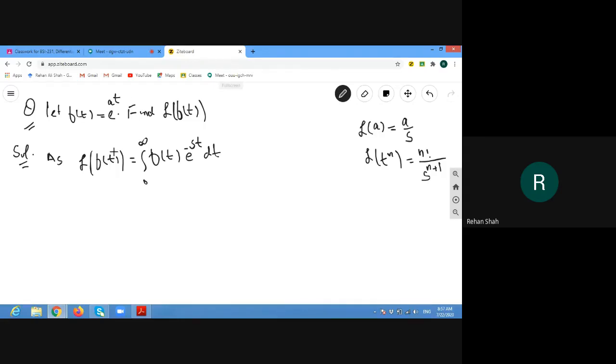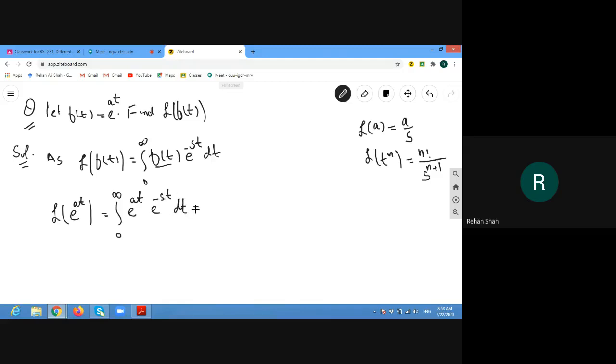How to transform it? So Laplace transform of e power at is equal to integral 0 to infinity. Instead of f of t, you put e power at, because now f of t is e power at, but e power minus st is already here, e power minus st into d of t.